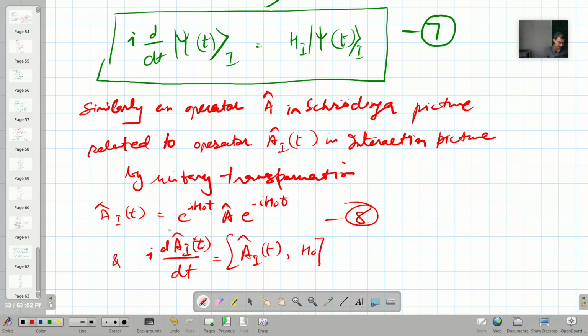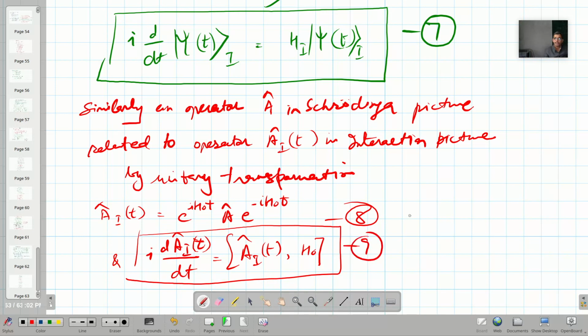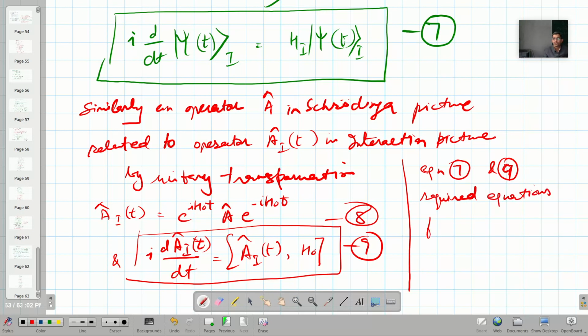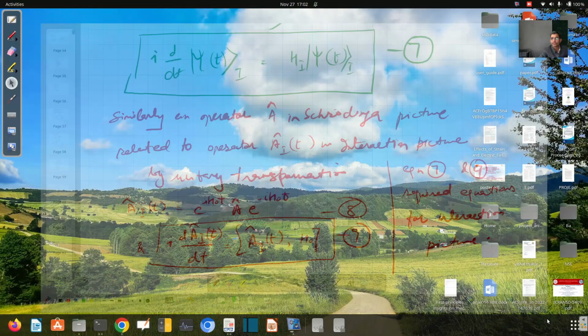So equations 7 and 9 are the required equations for the interaction picture. So that's all for this lecture, and these equations are also known as equations of motion.